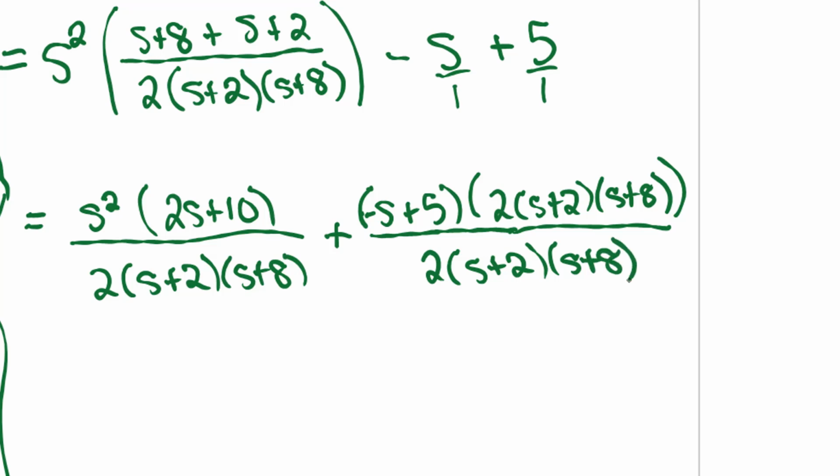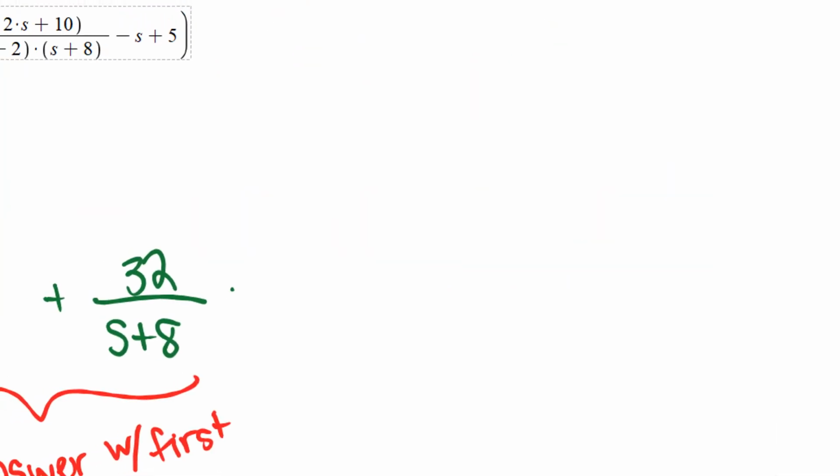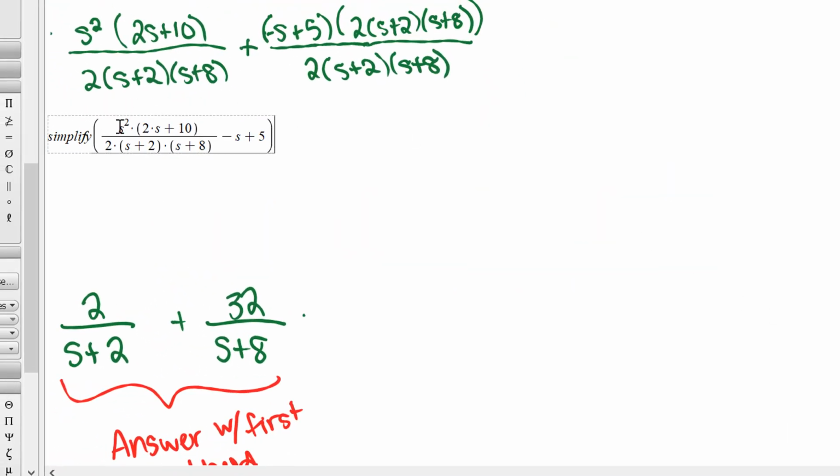And then I'm just going to show you what we would get and that it's the same. So let's see, I have Maple open here. Okay, so here's what we had actually if you ignore this and this, we had the first fraction minus s plus 5.